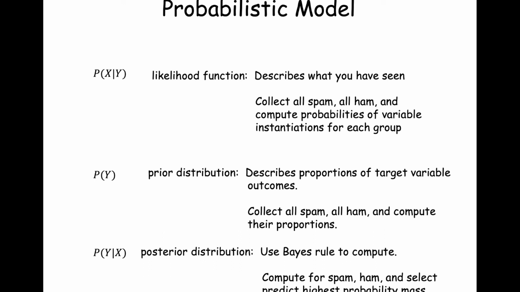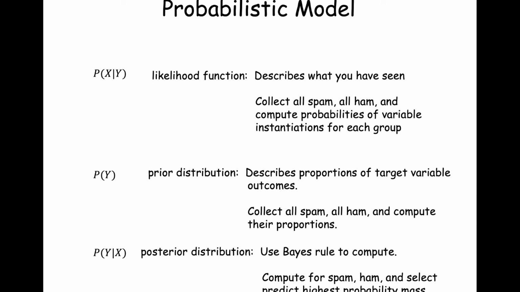So you segregate your data by the class label. Likewise, the prior distribution, you describe the proportions of the target variable outcomes. You collect all the spam, all the ham, and you compute the proportions of your data set: the number of spam examples you have divided by the total size of the data set, and the number of ham examples you have divided by the total size of your data set.